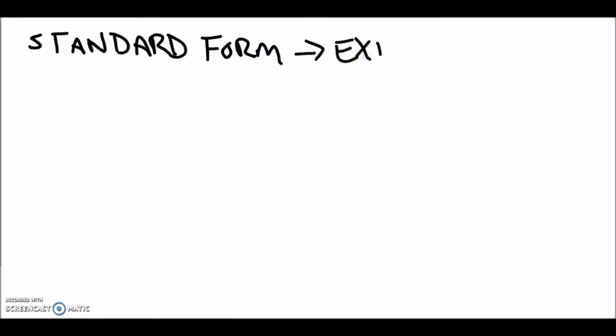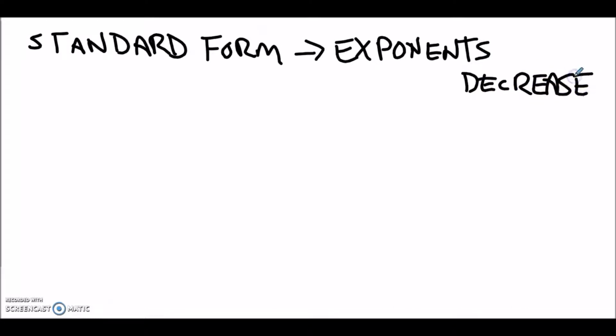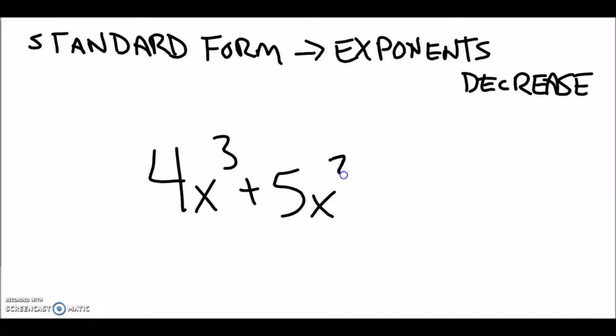Another thing we need to know about is standard form. And all standard form means is our exponents decrease. You may have seen this before, and you probably already know it inherently. Let's look at an example. 4x cubed plus 5x squared minus x plus 9.